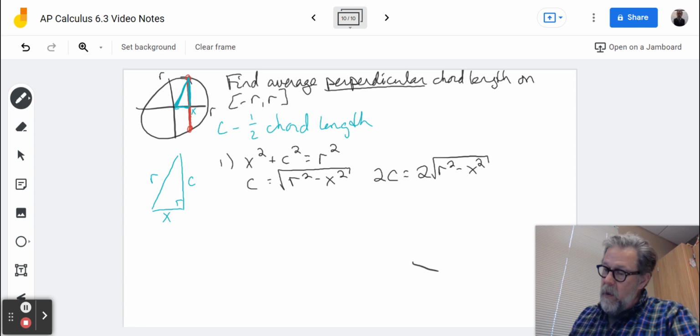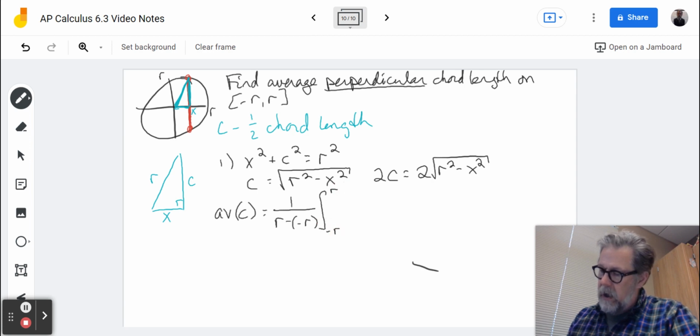And we want the average value. So we know that there's some average value c, which is 1 over b minus a times the integral from negative r to r of 2 root r squared minus x squared dx.